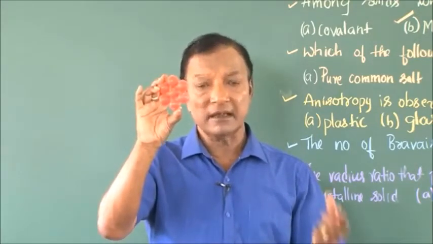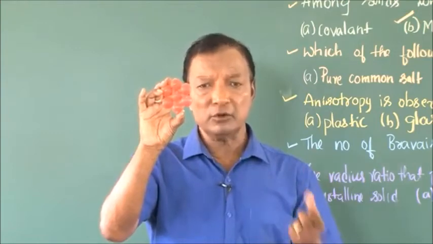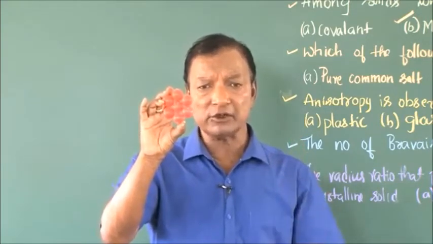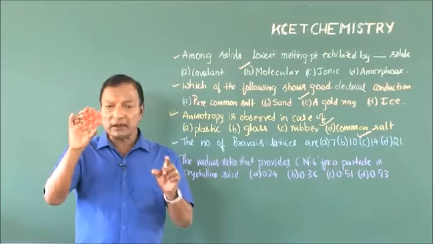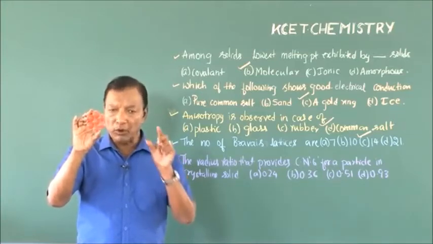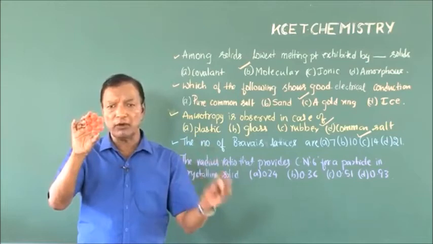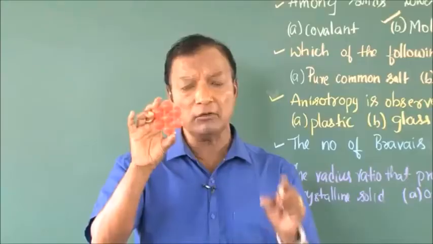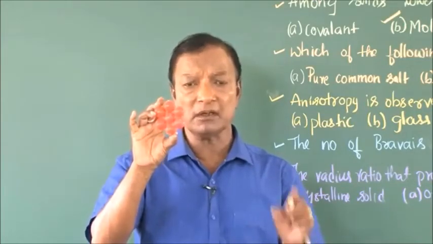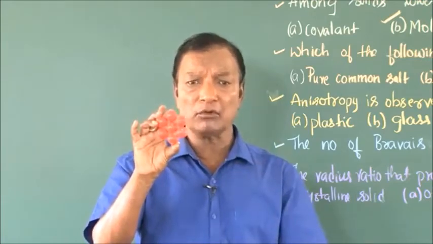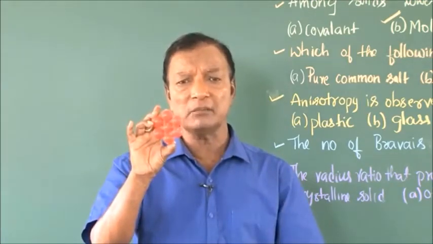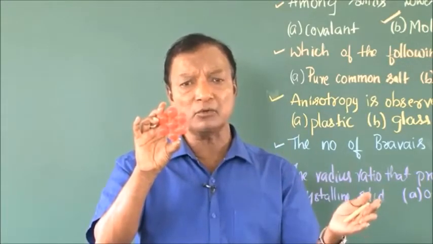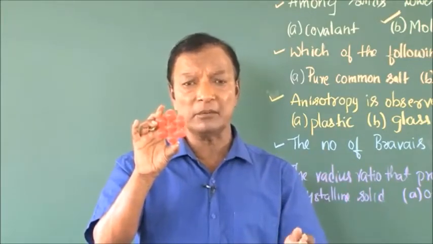It is simply the ratio of the radius of cation to the radius of anion. As this value increases, the coordination number increases. Now look, with the radius ratio value between 0.155 to 0.225, we have the coordination number 3, and 0.225 to 0.414 gives the coordination number 4, and 0.414 to 0.732 the coordination number has to be 6, and from 0.732 onwards, almost nearer to the value 1, the coordination number will be 8.